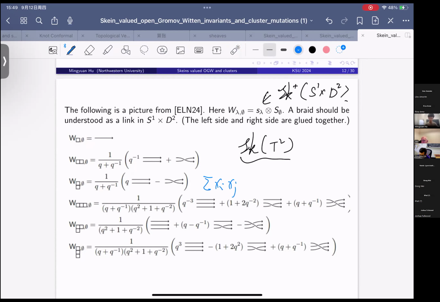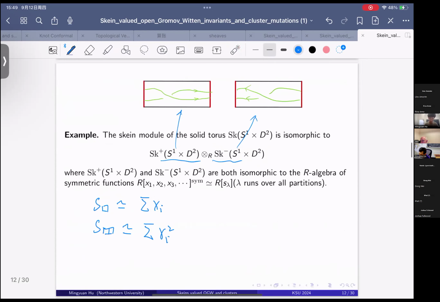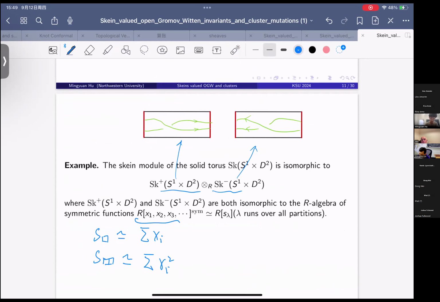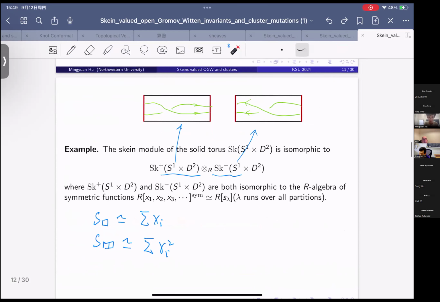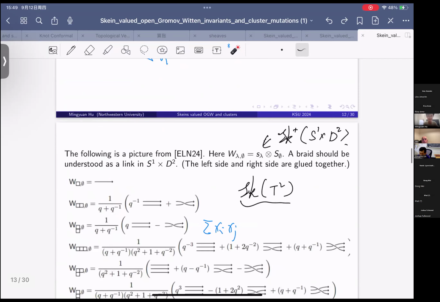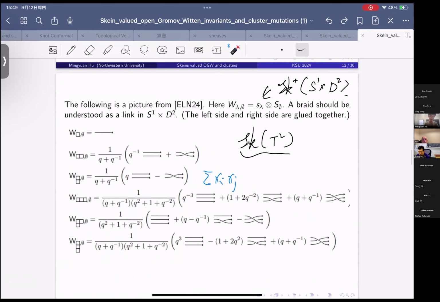The isomorphism is not trivial. It's not obvious. It's a hard theorem, by Morton and other people, about 20 years ago. It's a sequence of papers, but it's not easy. Those are the first several terms, and they have a way to write down this correspondence.